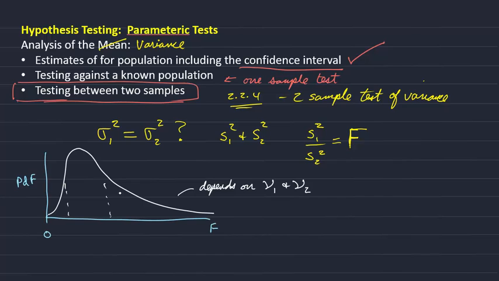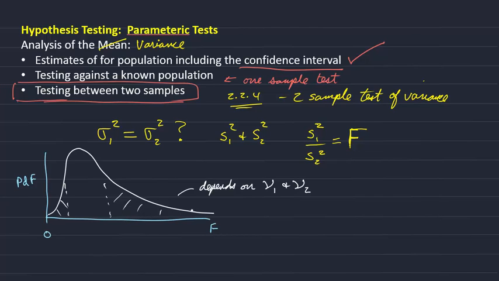So the test will involve looking in either of these two corners, two tails, for the improbable values of F. Now you'll notice that because the tail on the right-hand side is longer than on the left-hand side, we have a better resolution. A large change in F is a small change in the probability.